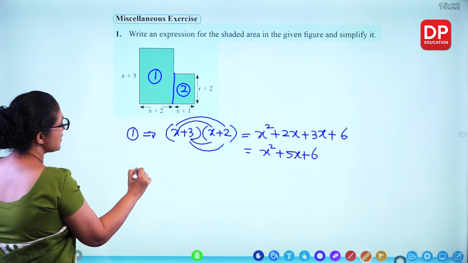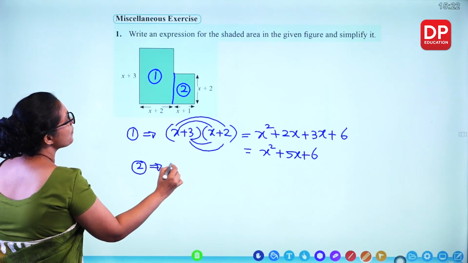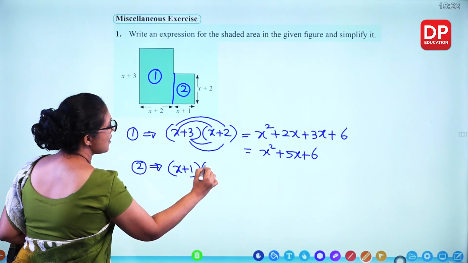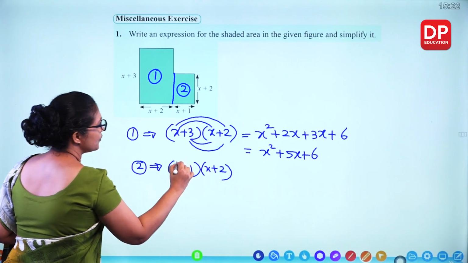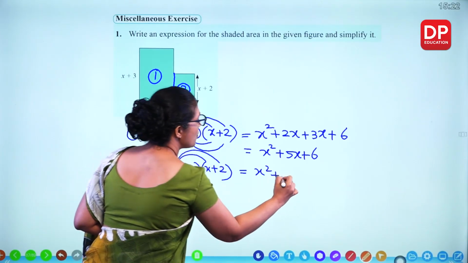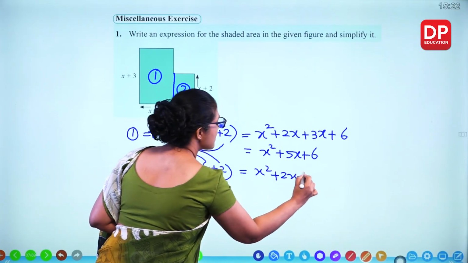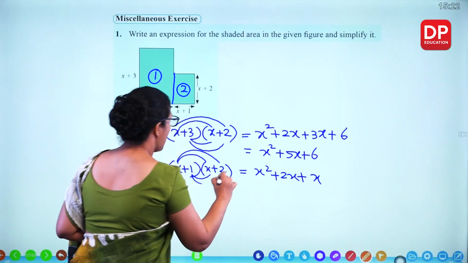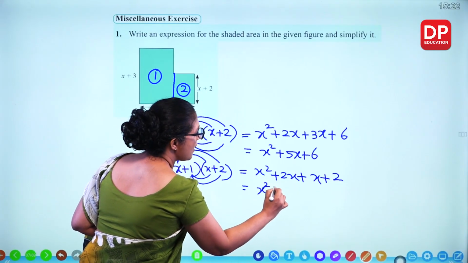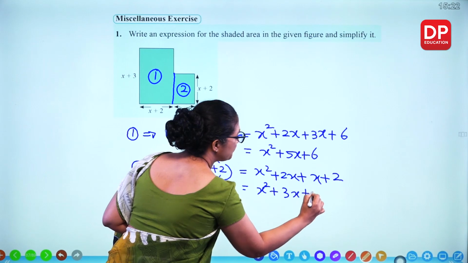Now the second part. x plus 1 and x plus 2. So you get x squared plus 2x plus 1x and 2. You get x squared plus 3x plus 2.